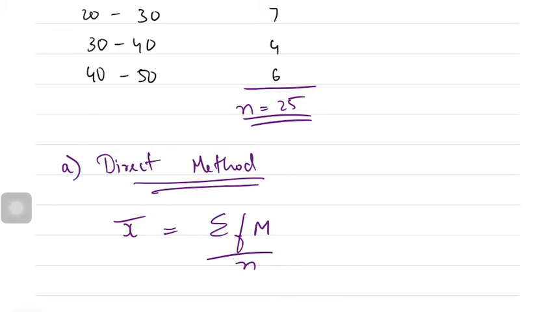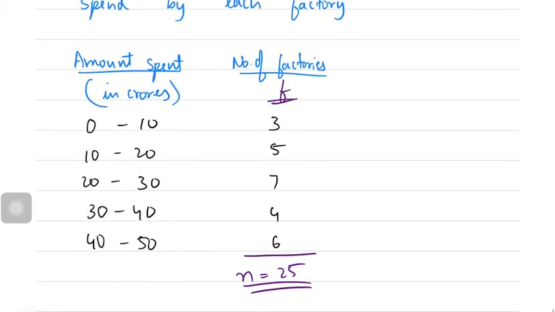Okay. So in case of continuous series, the formula is x bar is equal to summation fm upon n, where n is total number of frequency and m is midpoint. How do you calculate midpoint? Midpoint is the middle number of the class.